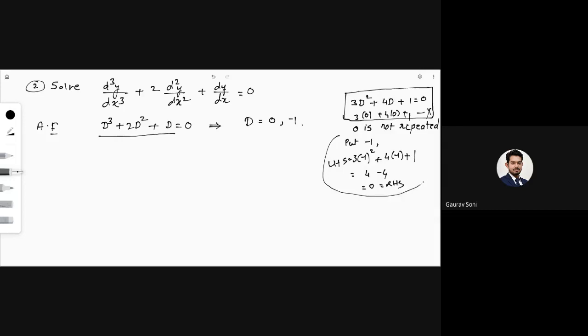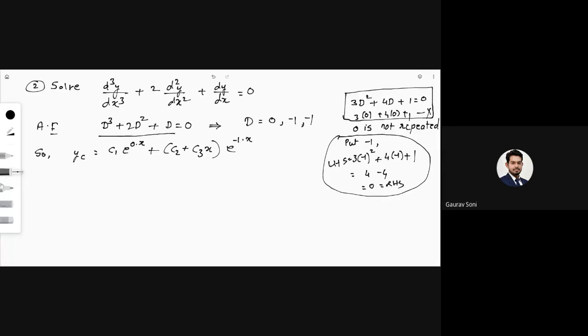So this tells me that minus 1 is repeated, because minus 1 is also a root of its derivative. This is the way you will have to check. So yc is c1 e to the power 0x, since 0 is different, plus, now minus 1 is repeated 2 times, so I take the constants (c2 plus c3 x) e to the power minus 1 into x.